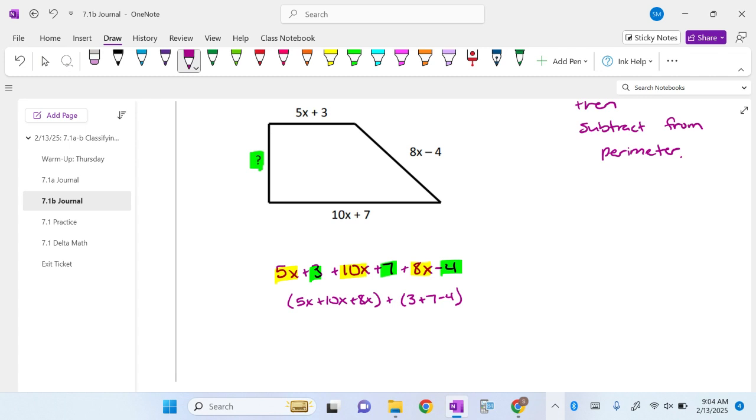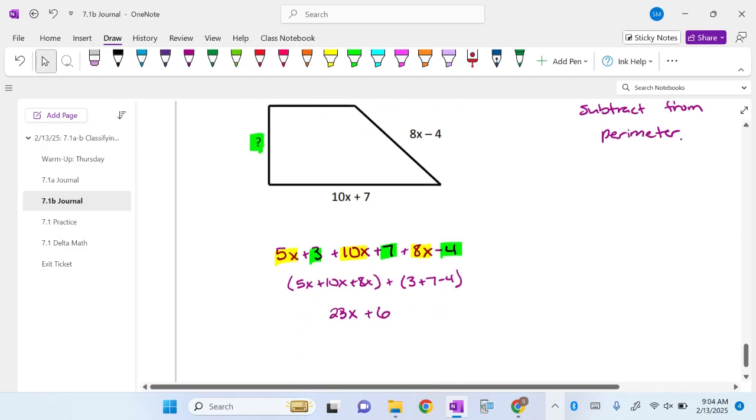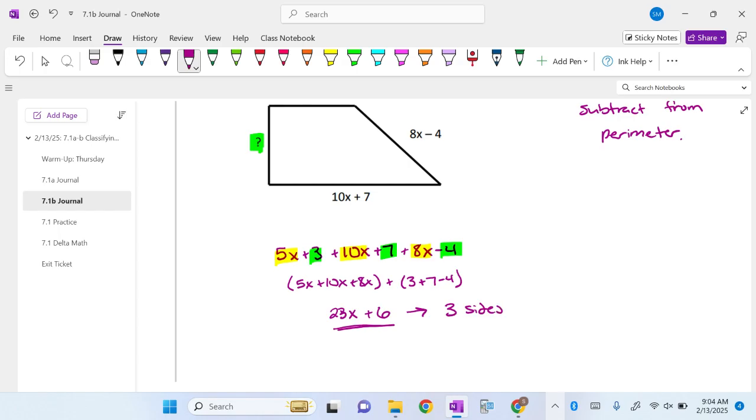If I combine like terms, 5 plus 10 is 15, plus 8 is 23x. 3 plus 7 is 10, minus 4 is 6, plus 6. So this is the length of the 3 sides that we're given.